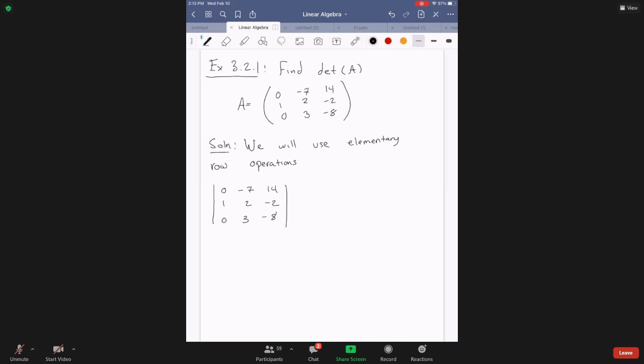Do a row operation. So there's only going to be one that's going to differ a little bit, but let's start off with a row operation. So let me interchange row 1 and row 2, okay? So let's interchange row 1 with row 2.